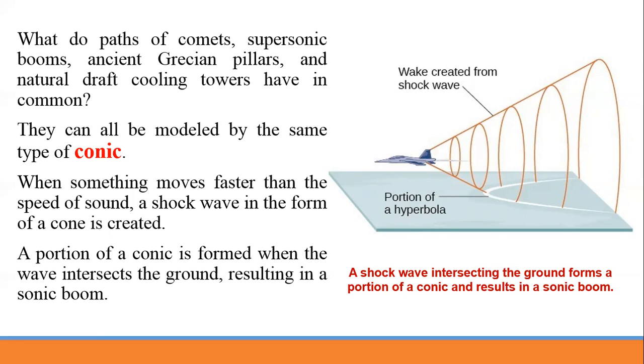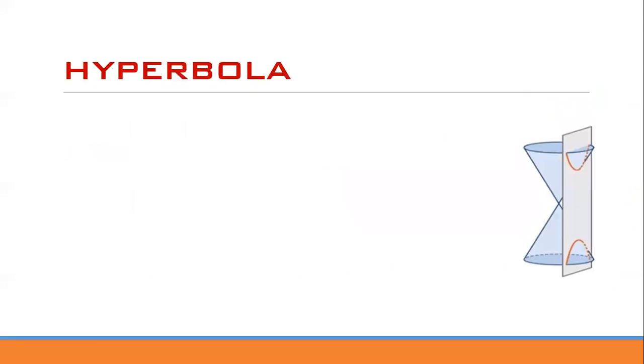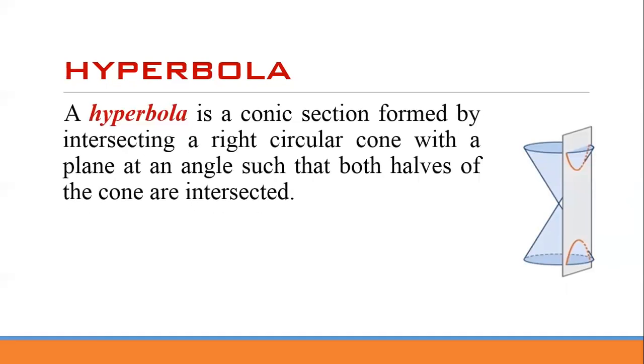Now, as we go further into our discussion, a hyperbola is a conic section formed by intersecting a right circular cone with a plane at an angle, such that both halves of the cone are intersected.